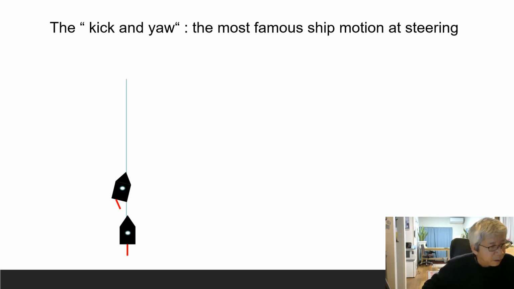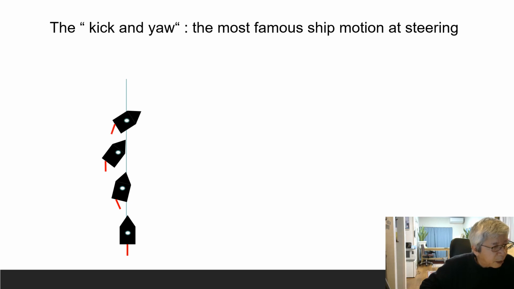In this condition, the damping effect of the vessel is slightly less than in these conditions. It means the side force from the rudder is a little bit stronger than the damping. In this case, we can see the so-called kick phenomenon in the stern part like this. And also the yaw movement is larger. The yawing is quite large in this region.